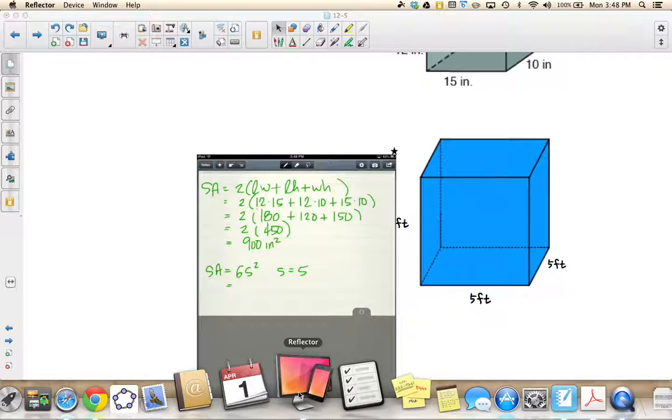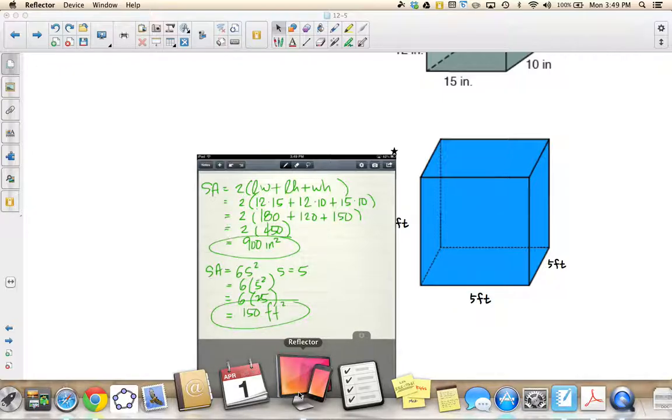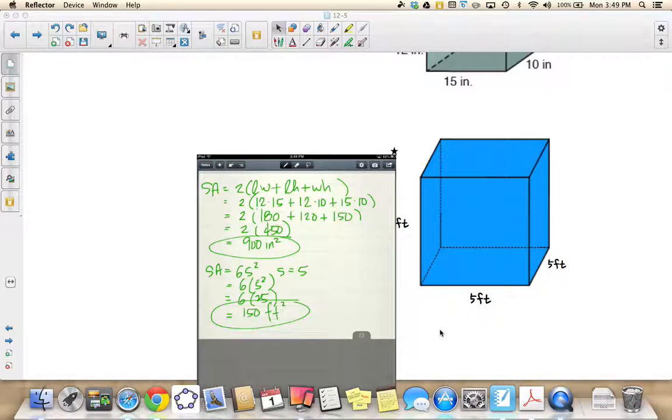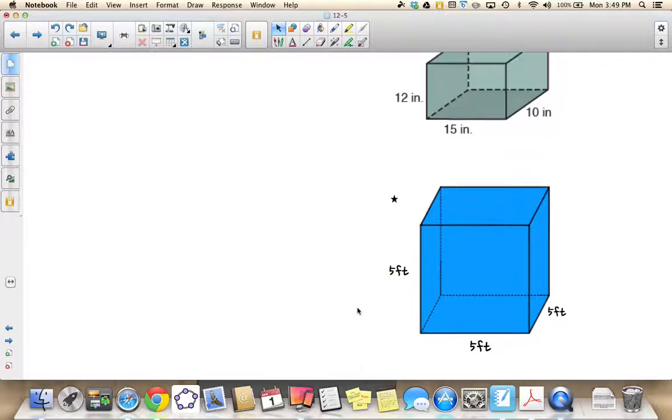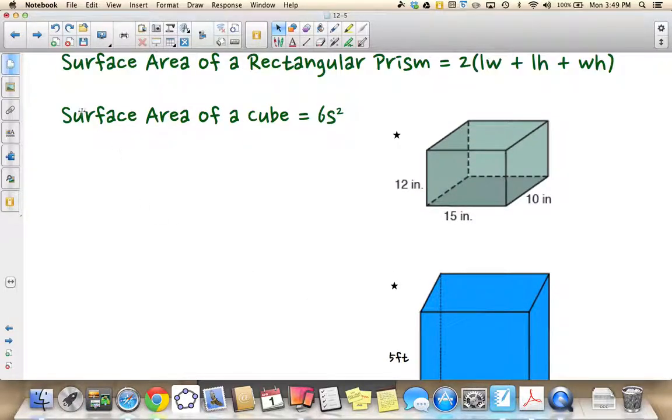All we need to do is get 6 times 5 squared, or 6 times 25, and 6 times 25 is 150 square feet. So by using the formula, we can find the surface area of both our cube and our rectangular prism.